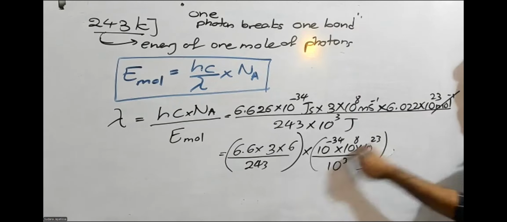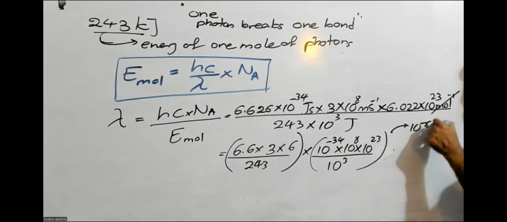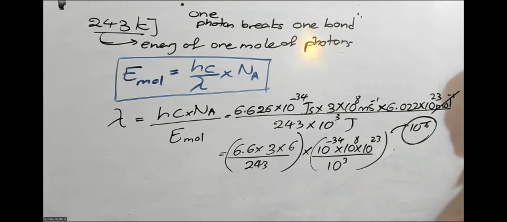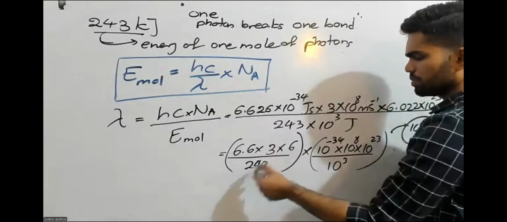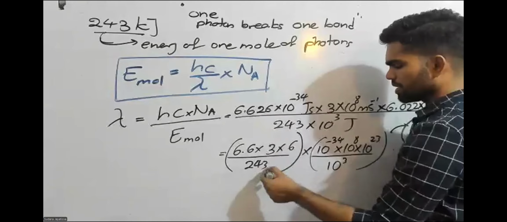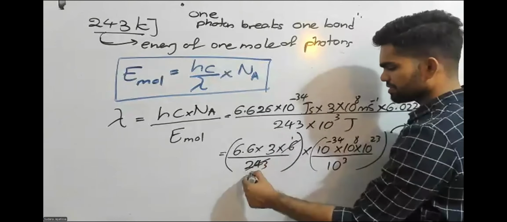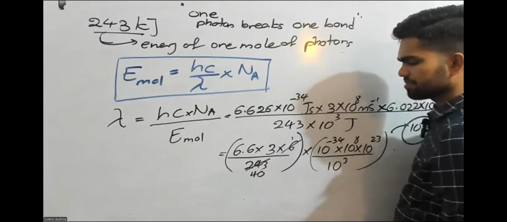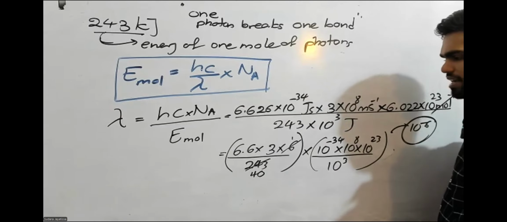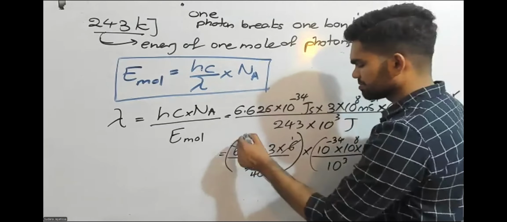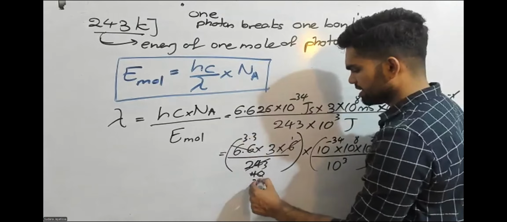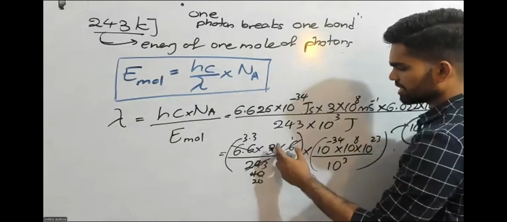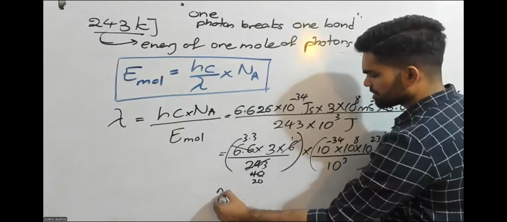This part gives you 10 to the power minus 6. Okay. Right, and what about this one? You can cut, no? 24 means 6 times somewhere around 40, like that, right? And 6.6 also you can cancel. 3.3, 20. So 3.3 into 3 is 9.9. 9.9 approximately 10.